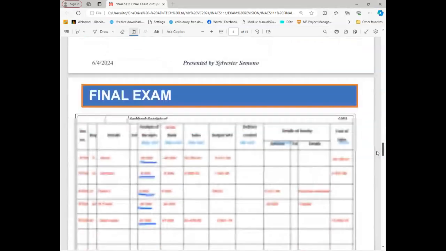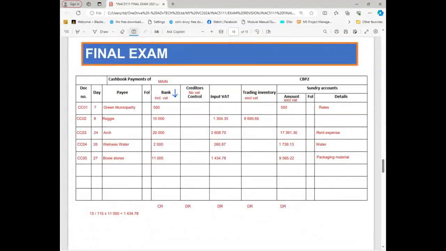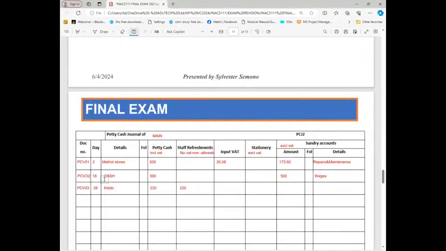The date is the 29th. So I'm going to have 29th here. I'm going to have PCV04, yes, and the date is the 29th, and obviously M Fresh. Okay, and then how much was the amount?